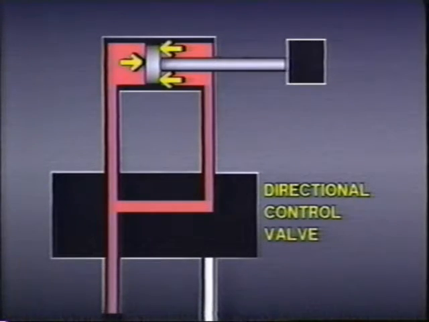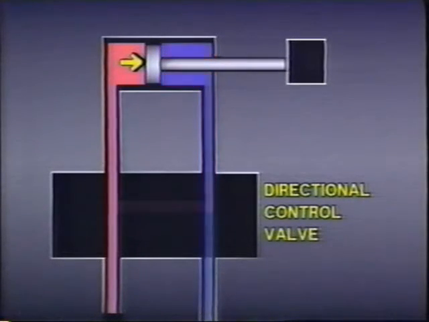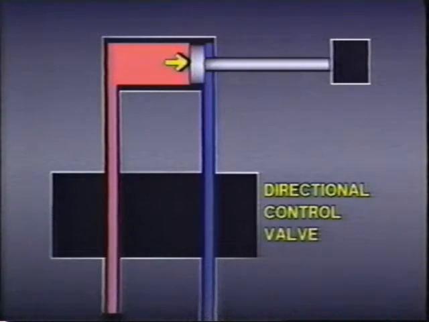Once the rod reaches the workpiece, the opposing force on the rod side can be eliminated by allowing the fluid to dump to tank through a special type of directional control valve. Without the opposing force from the rod end, the total force developed on the cap side of the piston is applied to the workpiece.